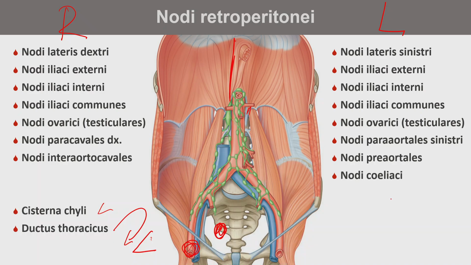So this angle, which is at the neck, this is the internal jugular vein, and here is the subclavian vein, and the duct is going this way, and here the lymph is going into the bloodstream.